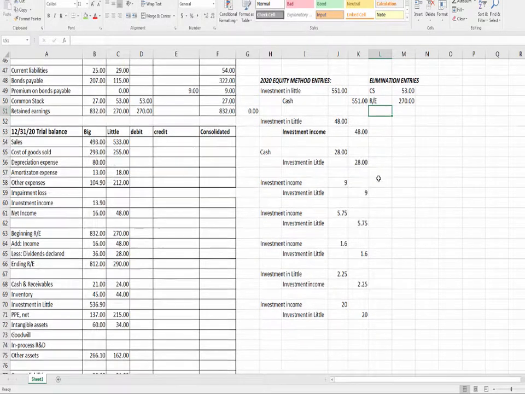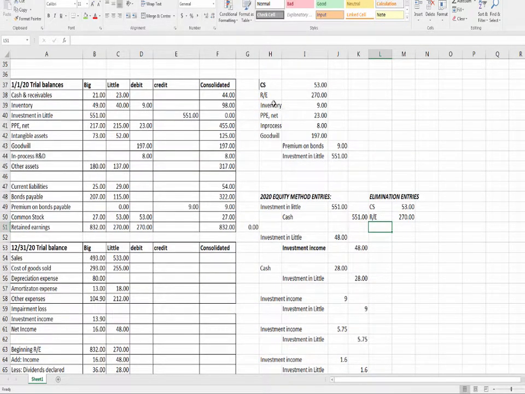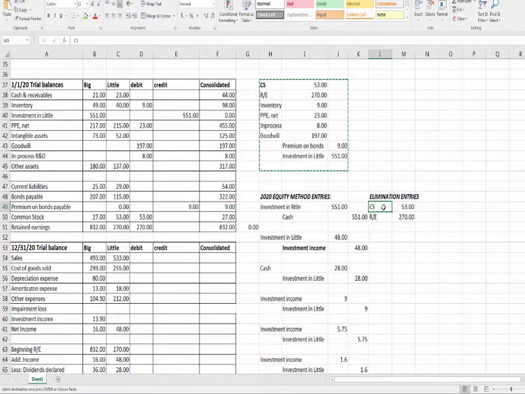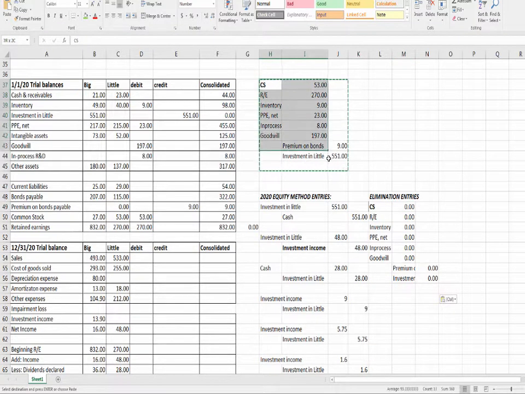And now I need to record my various differential assets. Here, in fact, this will be even easier. I'm just going to copy this. It's the same entry, because nothing has been amortized yet.